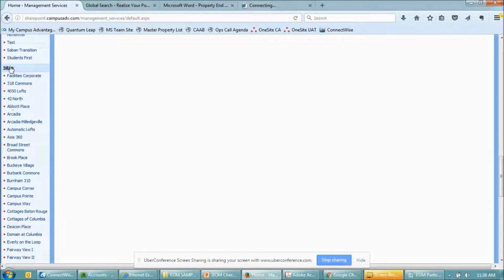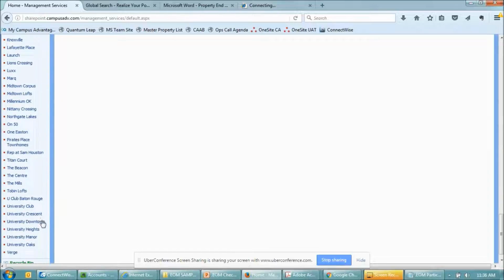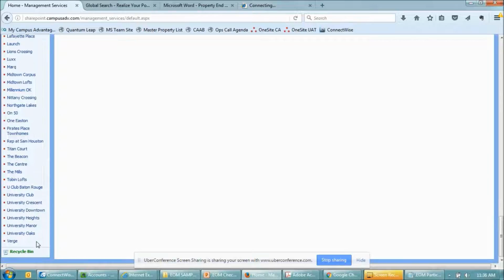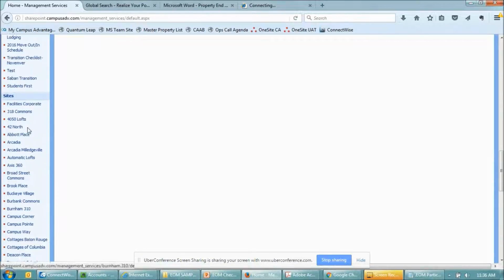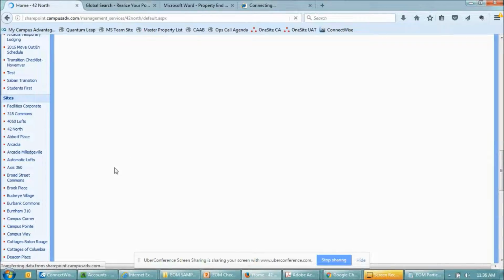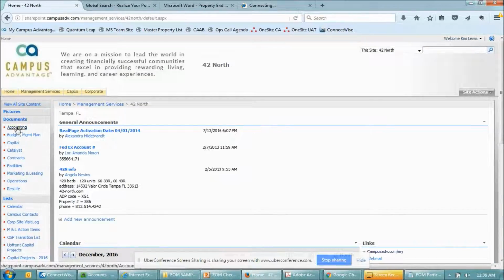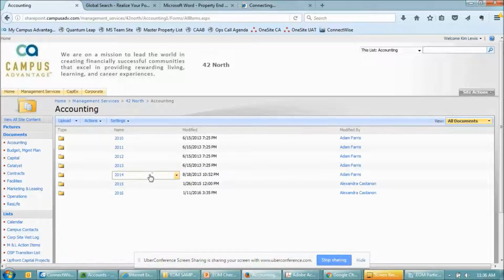You'll navigate to your specific site, and I'm pretty sure University Crossing has one. Oh, we don't. Okay. We'll see if 42 North does. Select your specific site, and then under the accounting documents, you'll select the appropriate year.